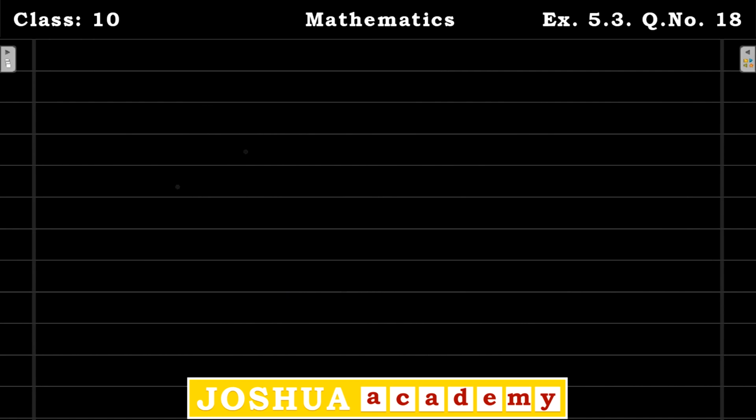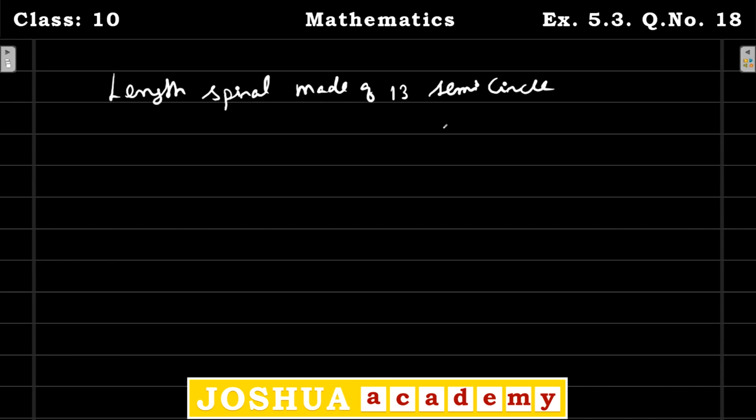So you have to write the answer: the length of the spiral made up of 13 semicircles is 143 centimeter. Or you can write S13 equal to 143 centimeter.